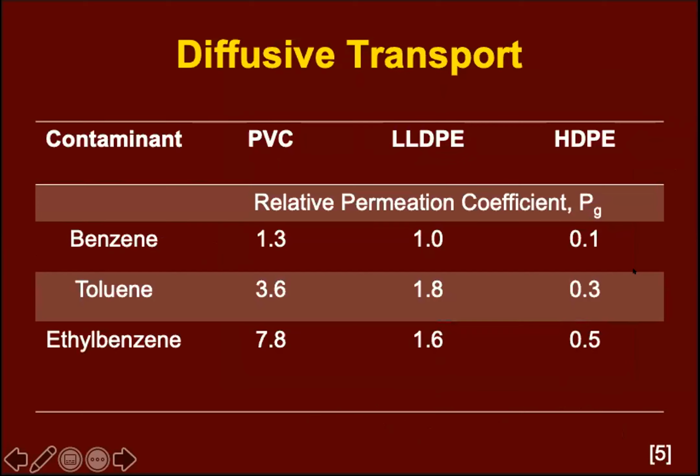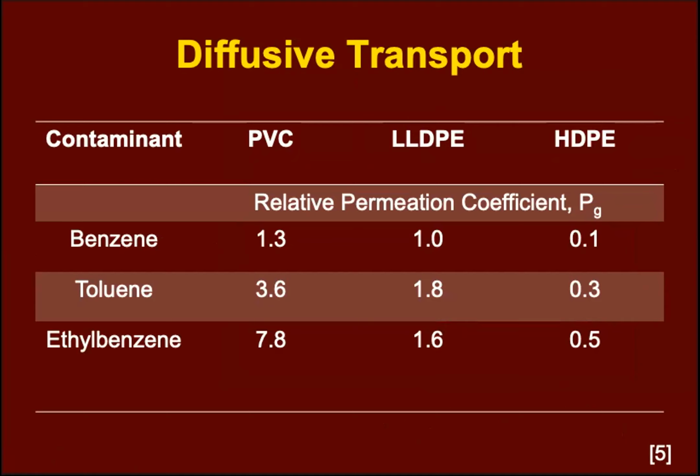Now that we discussed how advection can happen, let's talk a bit about diffusion. Diffusion happens due to a change in chemical potential, so it will occur regardless of whether the geomembrane is damaged or not.